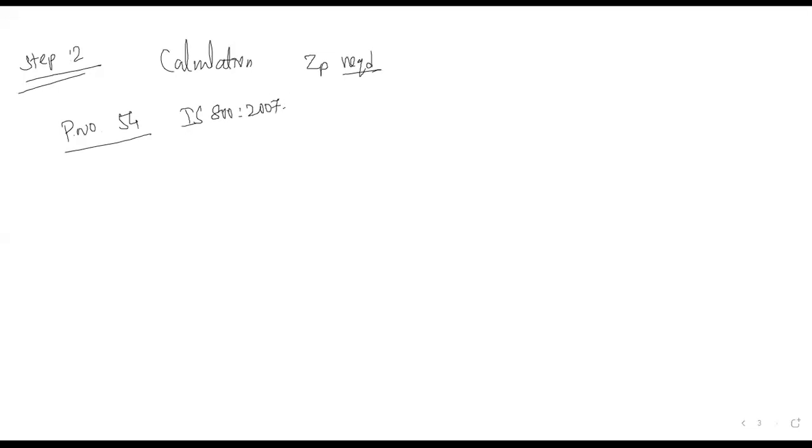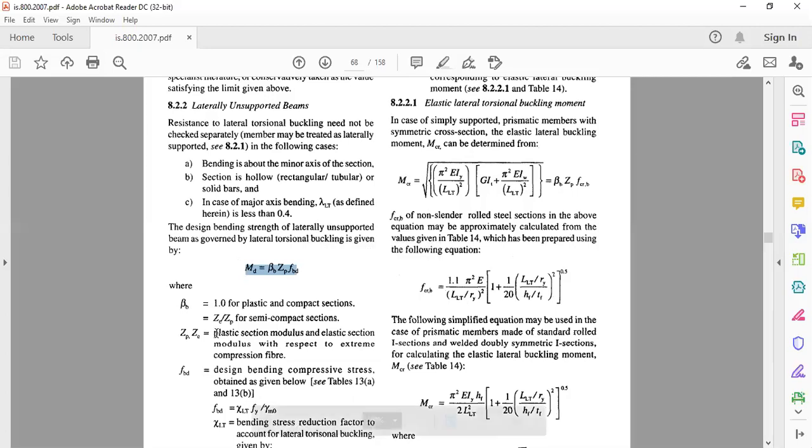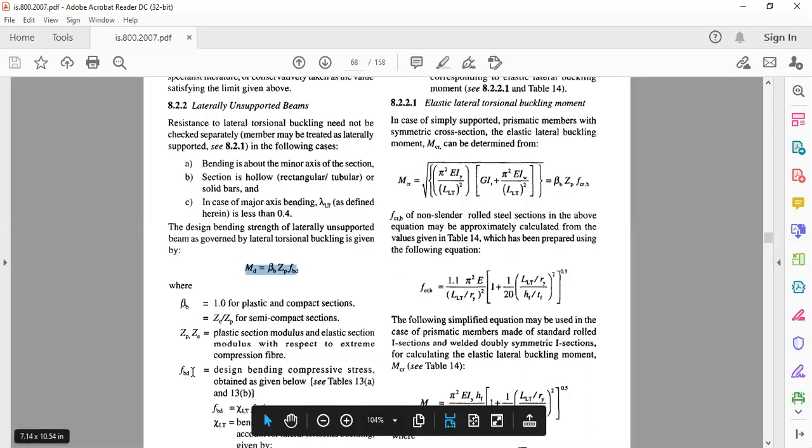So the formula is Md is equal to beta b into Zp into fbd. Now we have to take beta b is equal to 1, and fbd we are going to assume. So we can take a lower value.